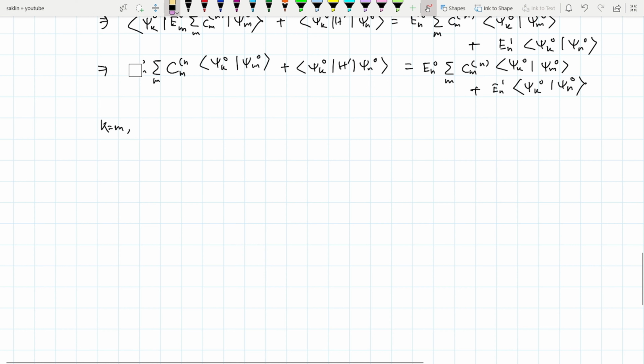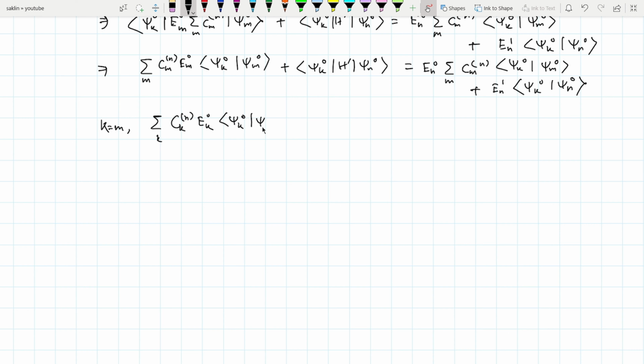Here also I have written it wrong: Em0 can be written as En0. Since m is in the summation, we can write Em as Ck0, that will be n, Ek0, and that will be this.